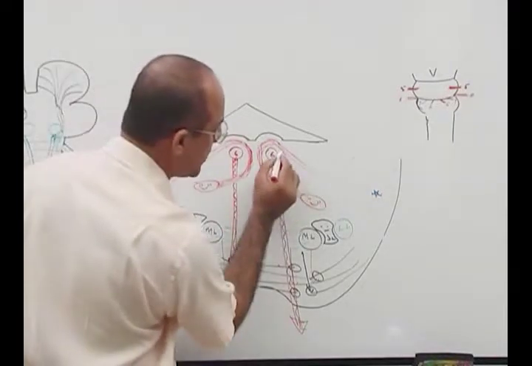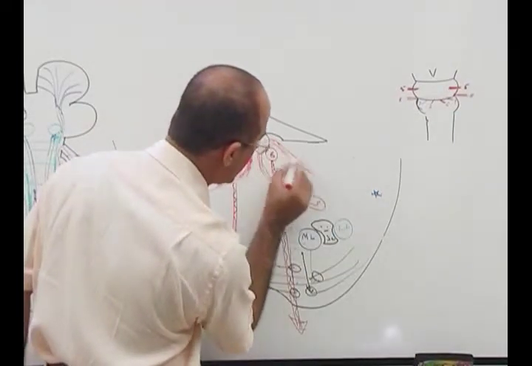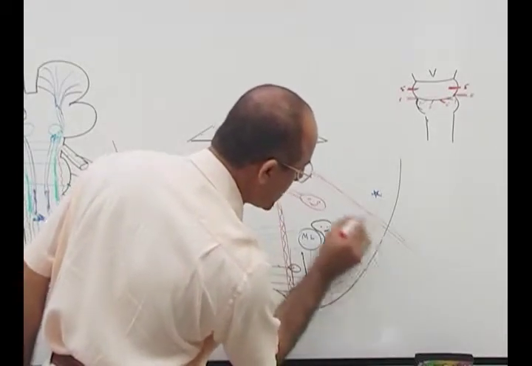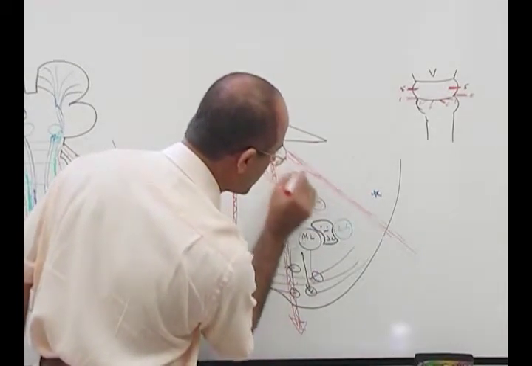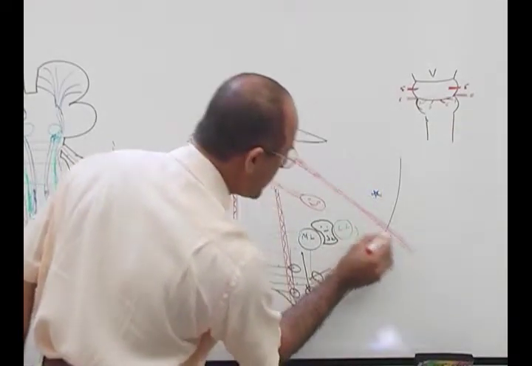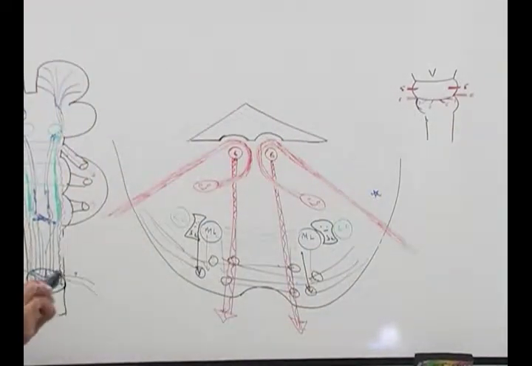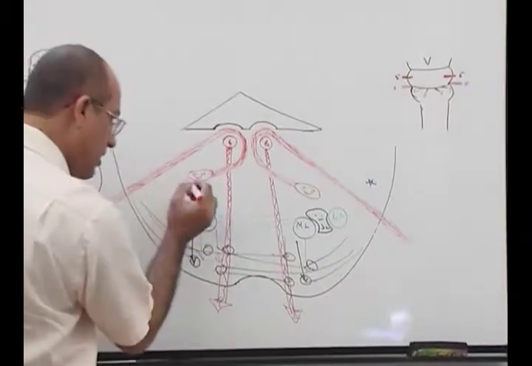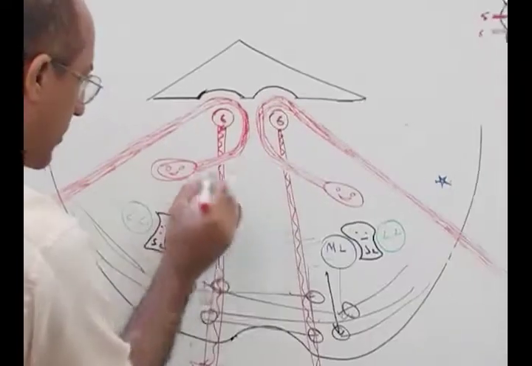These fibers going out, please? Yeah, facial nerve fibers. Which fibers of the facial nerve? Fibers going for the innervation of muscles of facial expression. Is that right? Is it clear? No problem here.